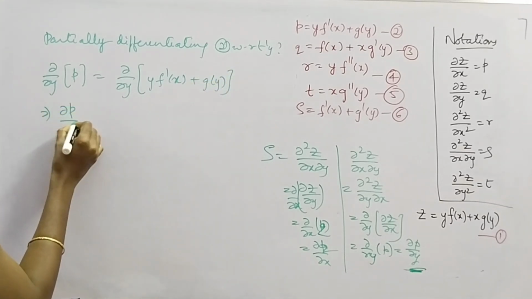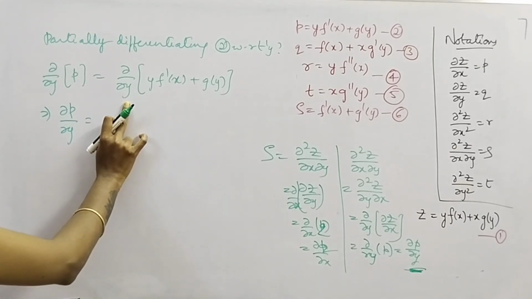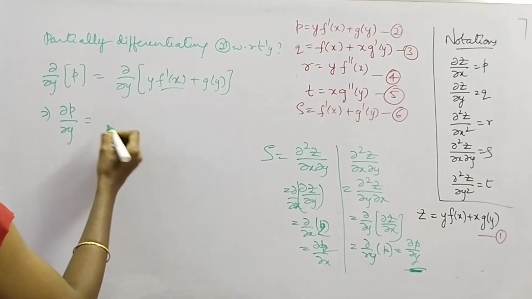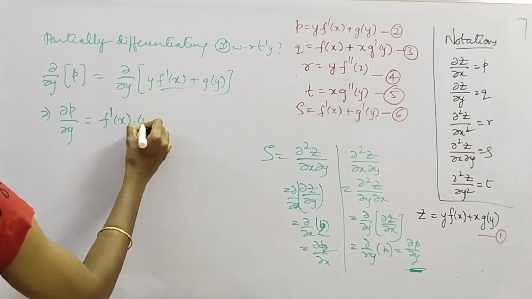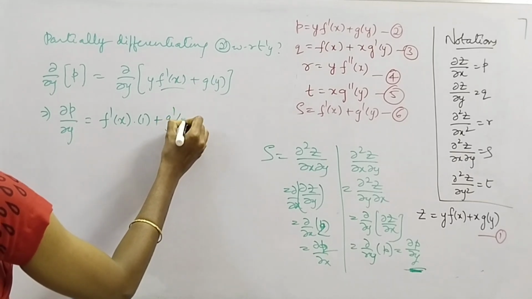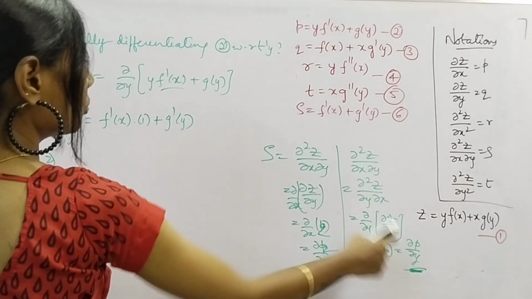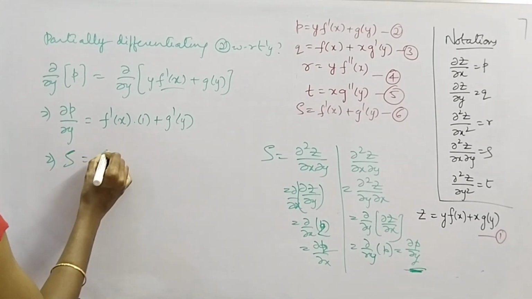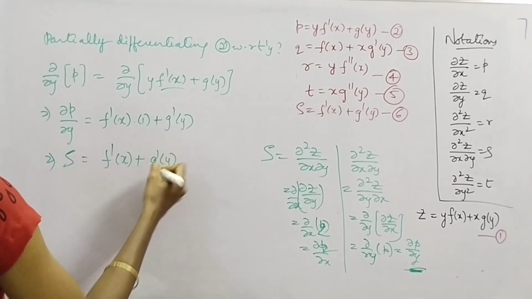This gives us dou p by dou y equal to, here we are partially differentiating with respect to y, so we'll treat x as constant. Here f dash of x is treated as constant. Constant into the partial derivative of y with respect to y is 1, plus the partial derivative of g of y is g dash of y. We know that the partial derivative of p with respect to y is s. We'll get s equal to f dash of x into 1, which is f dash of x, plus g dash of y.